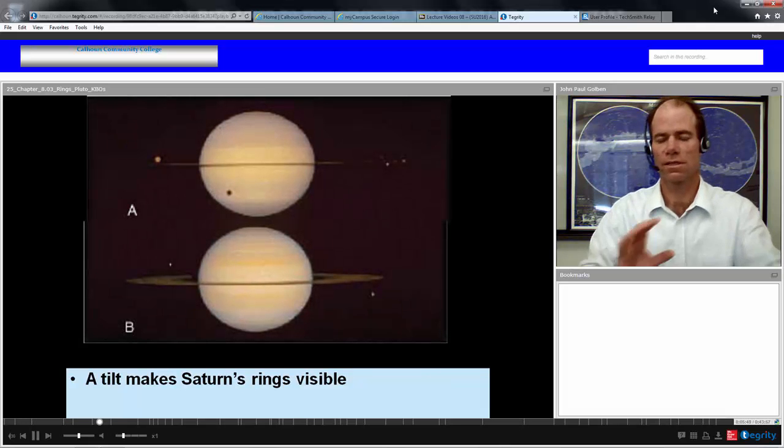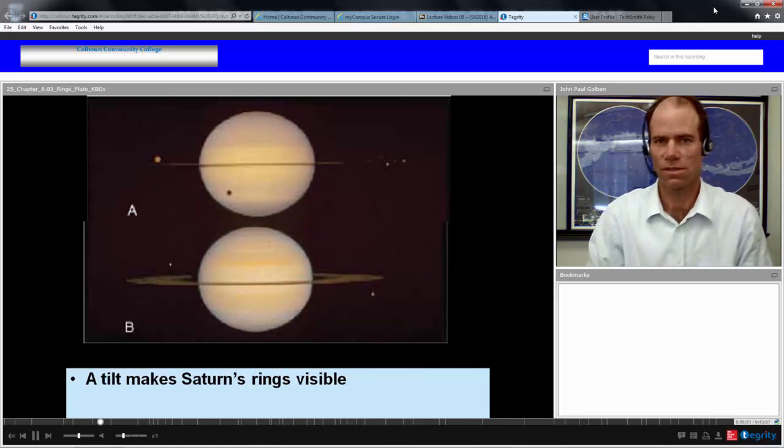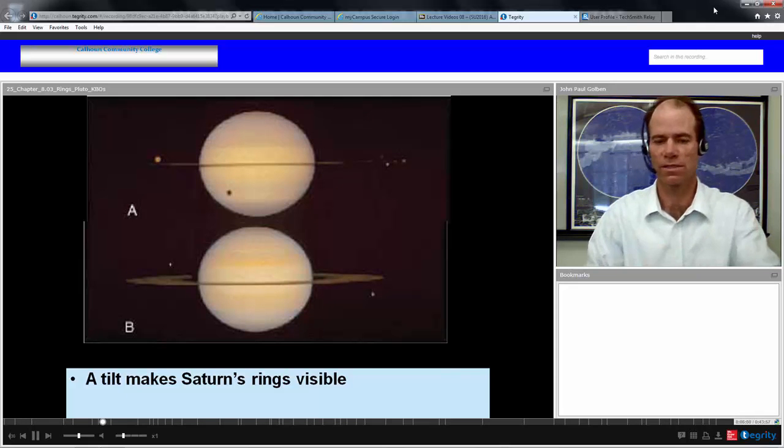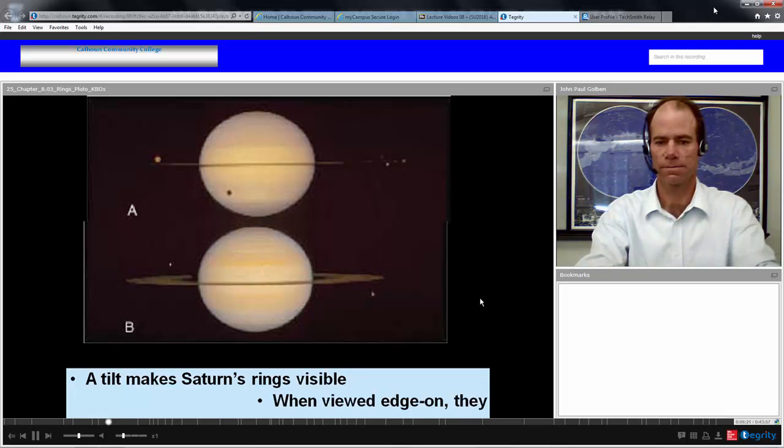Saturn's tilt changes over the course of time in relation to our perspective, and if it happens to have a tilt with respect to us, then that makes Saturn's rings visible and makes Saturn brighter as well. In view A, Saturn's ring system is edge on, so it's very hard to see the rings. And in view B, we have more of a tilt, so we can begin to see the ring system.